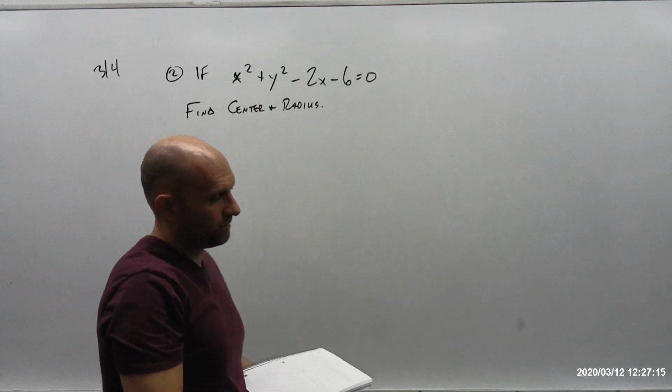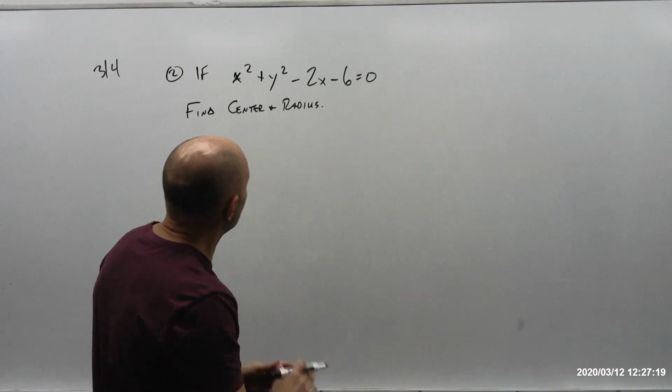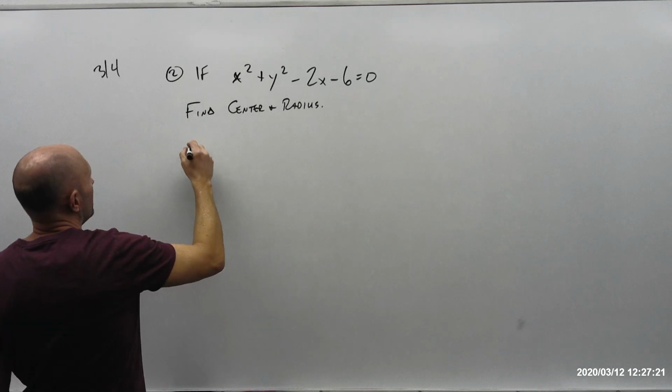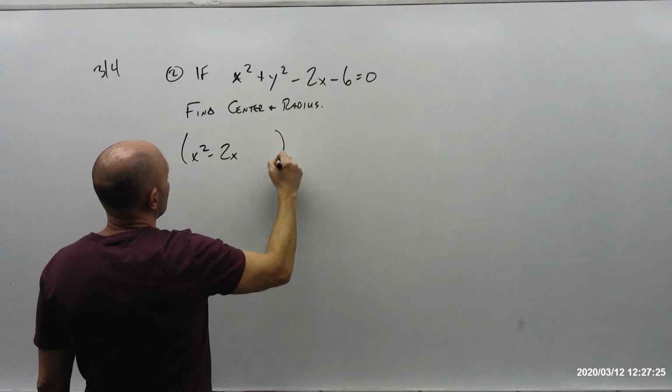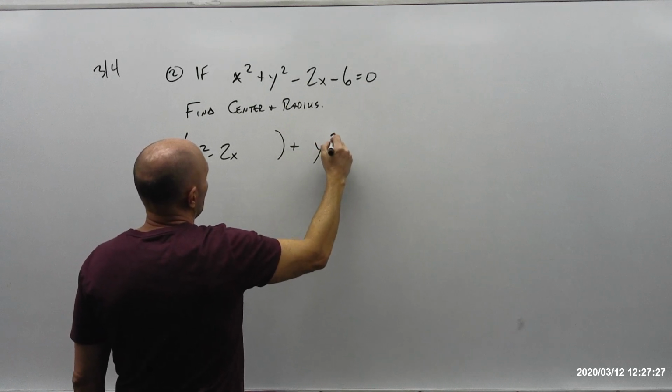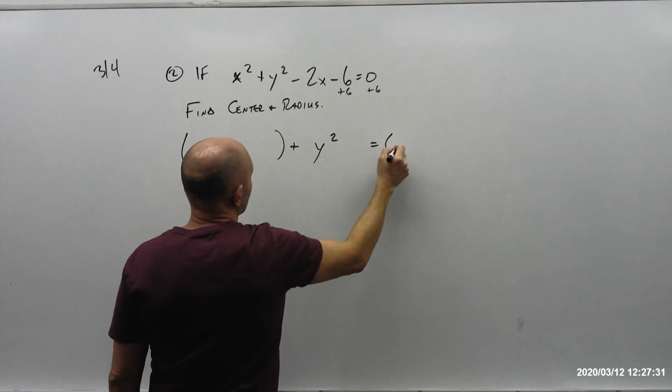So, let's group our x pieces together, group our y pieces, move the number to the other side. So I have x squared minus 2x, and then all I have is y squared, and then I'm going to add 6 to both sides.